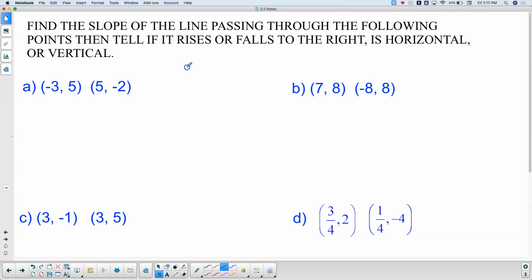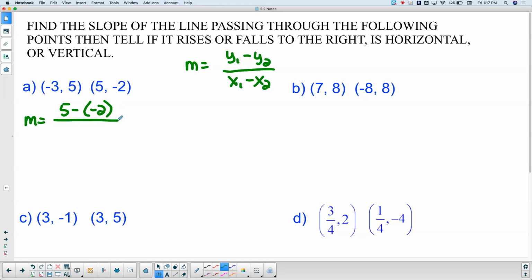describe it. So the slope here between 2 points is going to be, we're going to subtract the y's over subtracting the x's. 5 minus -2 divided by -3 minus 5. Got to stay in that same order.